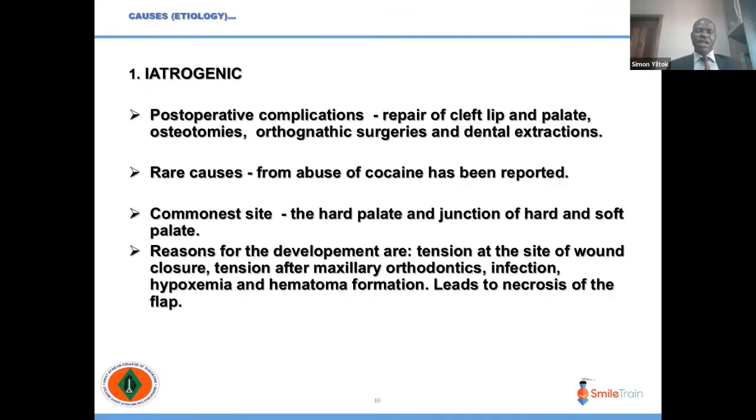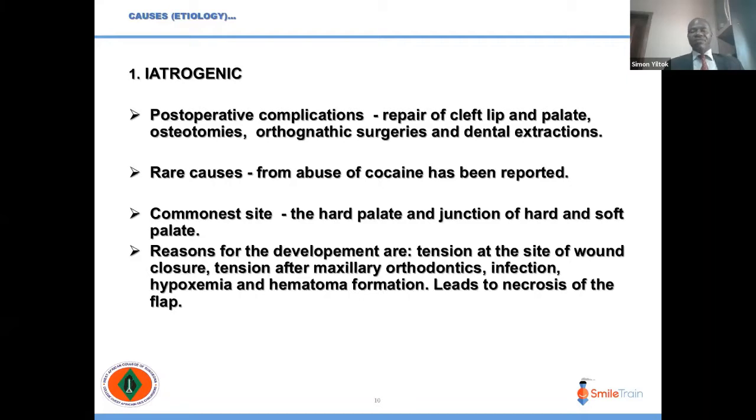So we just take them one by one now. Iatrogenic, in this case, is related to the surgeon trying to repair cleft lip or palate. There could be osteotomies and other surgeries that can lead to damage to tissue there.